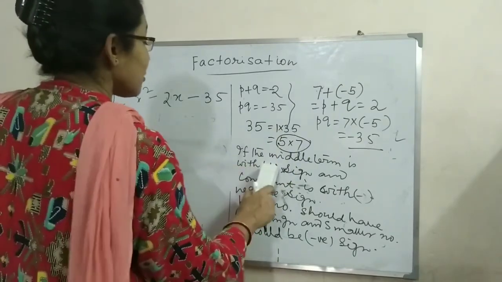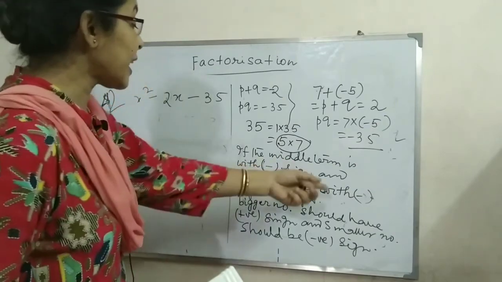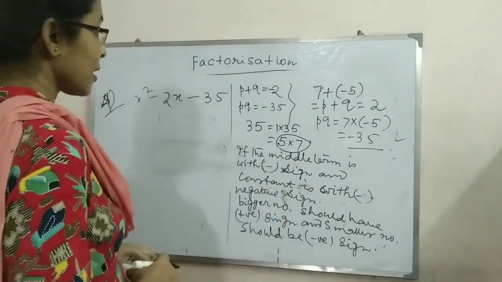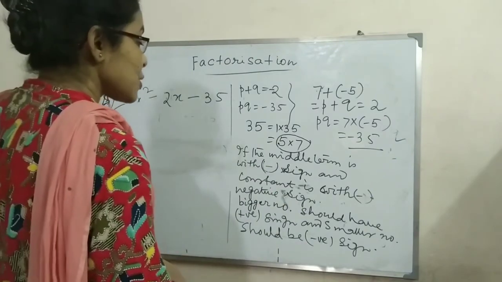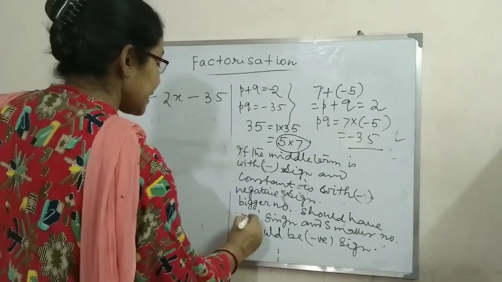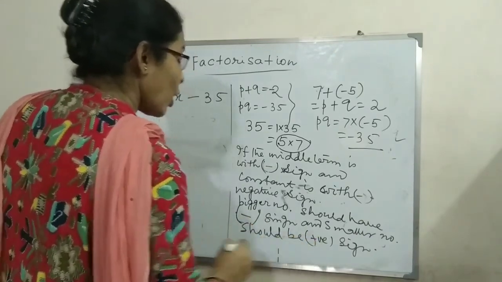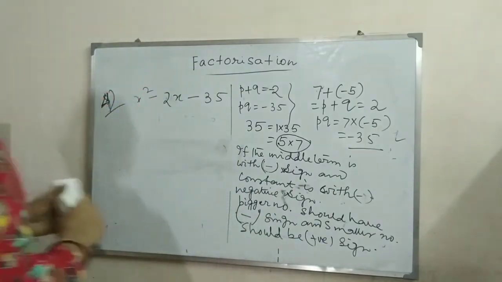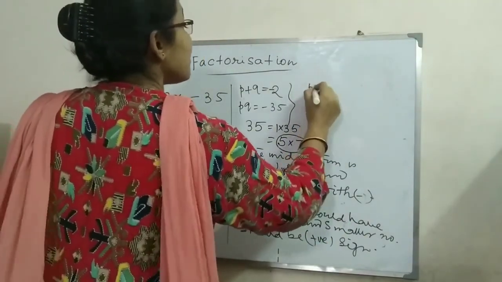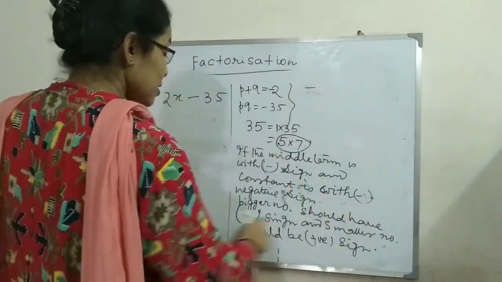If the middle term is with negative sign and the constant term is with negative sign, the bigger number should have negative sign and the smaller number should be positive sign.